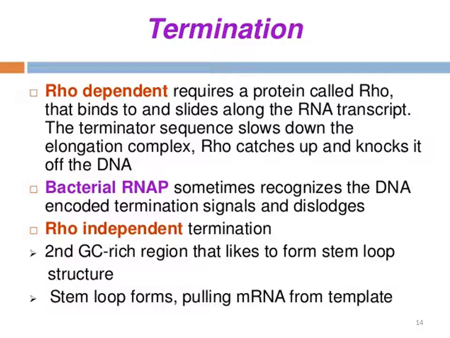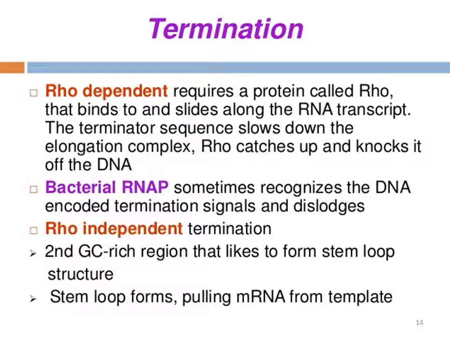So what is happening? Rho protein will bind over the RNA transcript, meaning the RNA molecule which is synthesized over the DNA molecule. So Rho will bind over and run throughout and finally will come to the termination point.